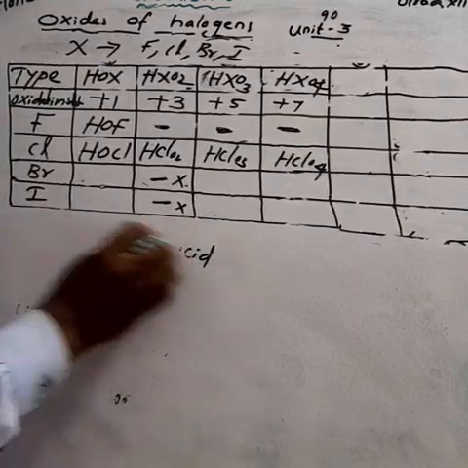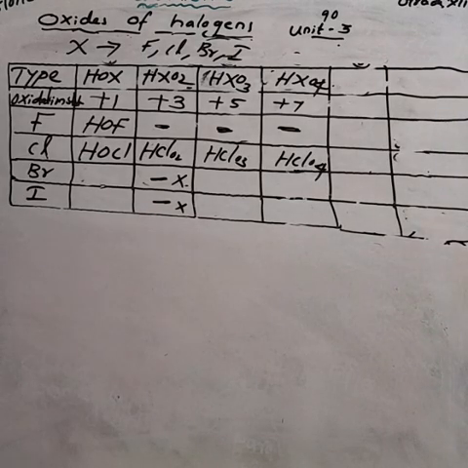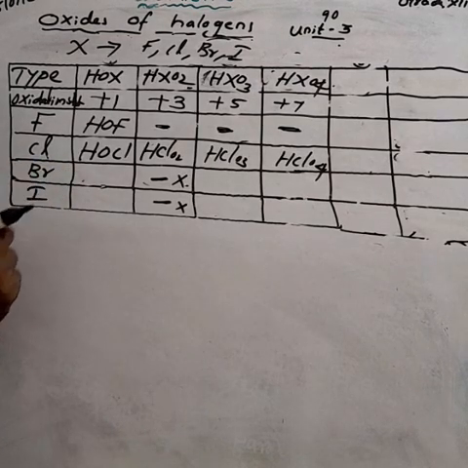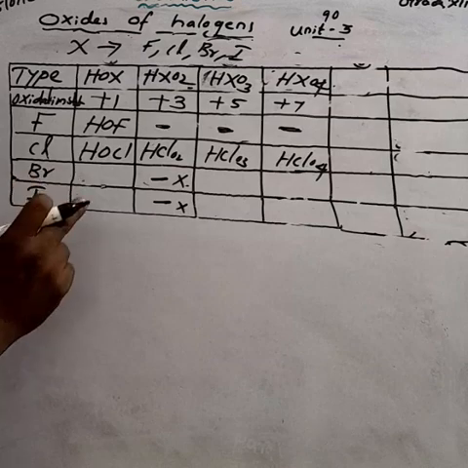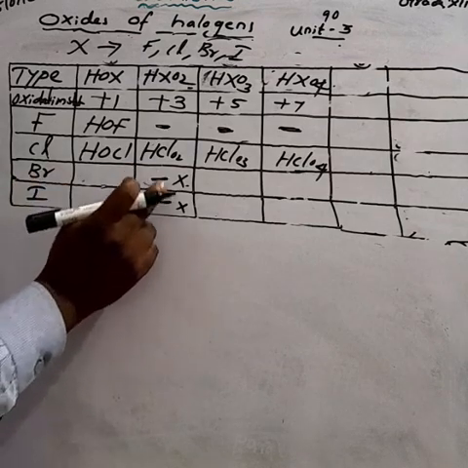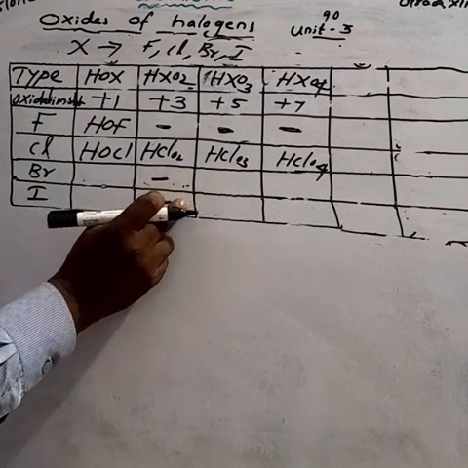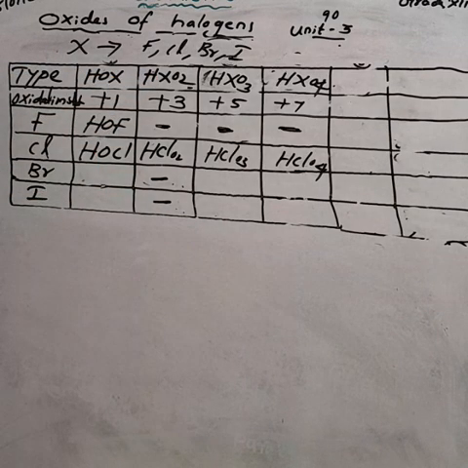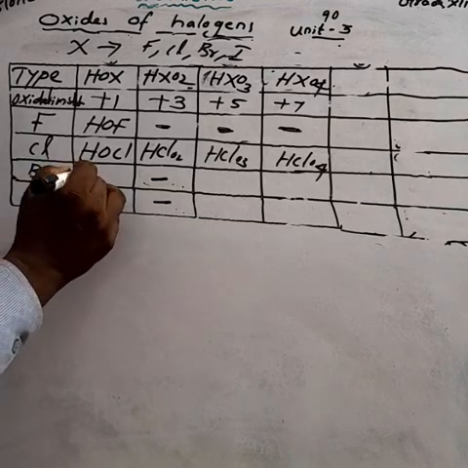Next, bromine and iodine can form only 3 types: HOX, HXO3, HXO4. Bromine and iodine cannot form the HXO2 type. First, the type HOX for bromine. I am writing the formula HOBr.